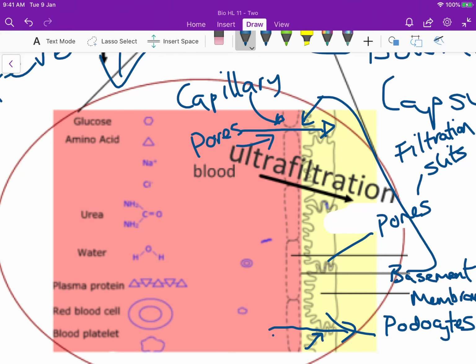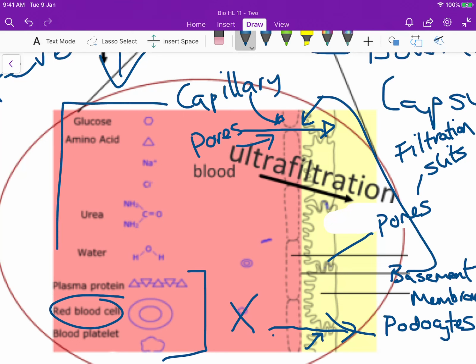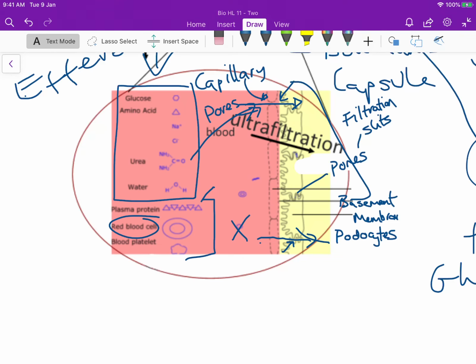So we've got these two kind of pores, and that means that these things, which are big, cannot fit through. Plasma protein, red blood cell, blood platelet. So if we get blood in the urine, that's a bad sign. All of these things, glucose, amino acids, water, they are small enough they can fit through these pores. So that's up to the start of the recap at the ultrafiltration video.